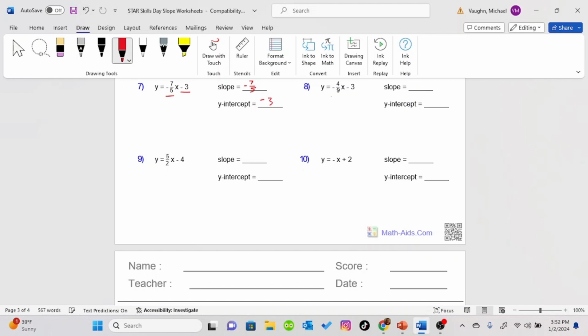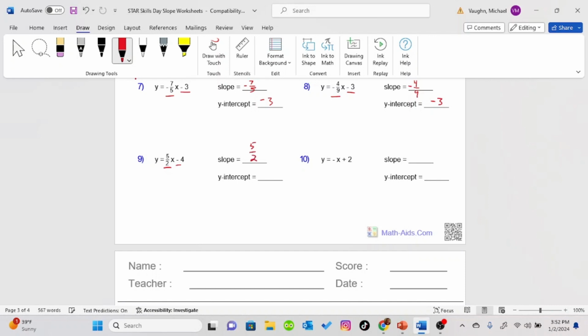Number 8, my slope is in front of the x, negative 4/9. My y-intercept is by itself, negative 3. Number 9, my slope is in front of the x, 5/2.